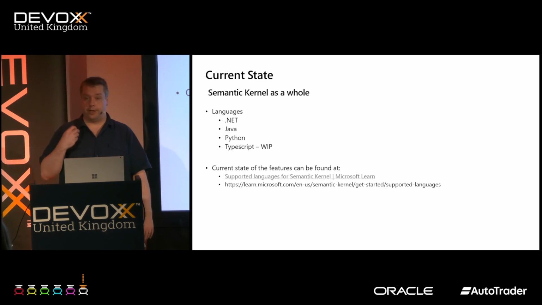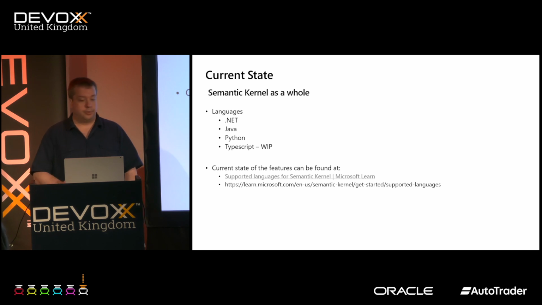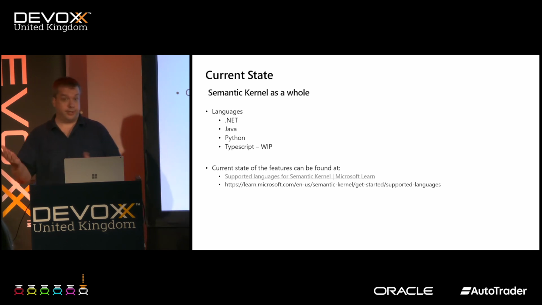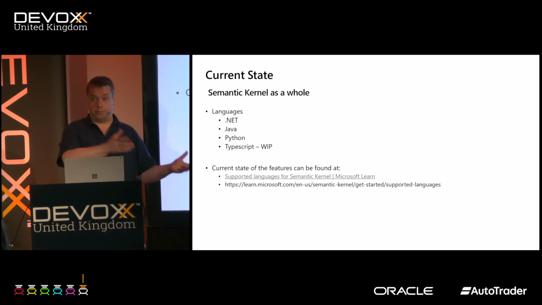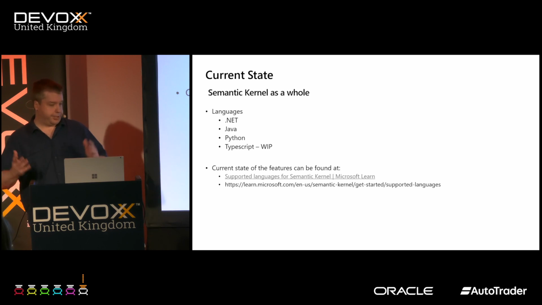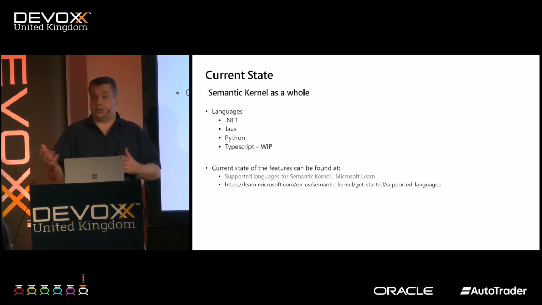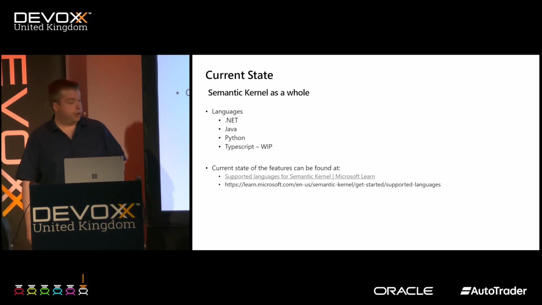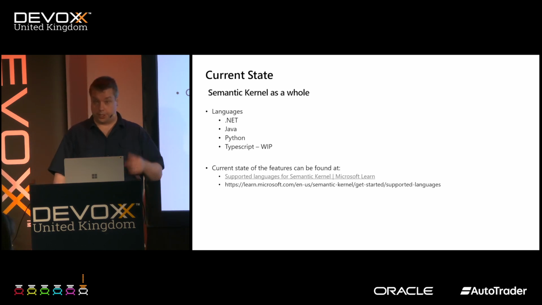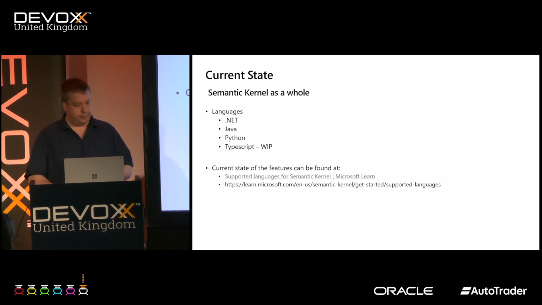So if your developers want to prototype and iterate in Python to develop your prompts, you can then just copy those files over into your Java implementation. They should produce the same results. And again, I've got a link to the supported languages and the various features that we support.